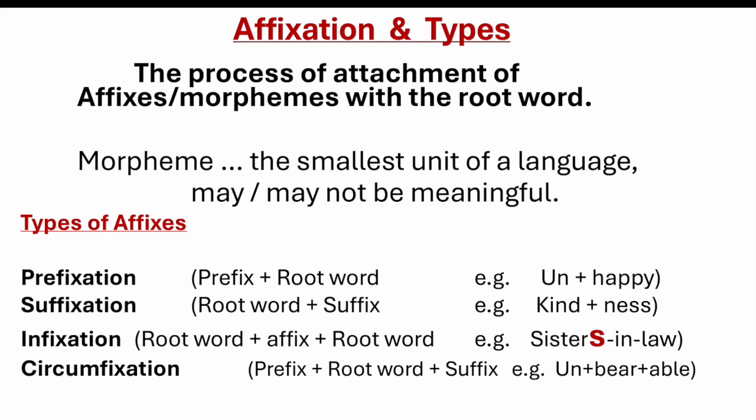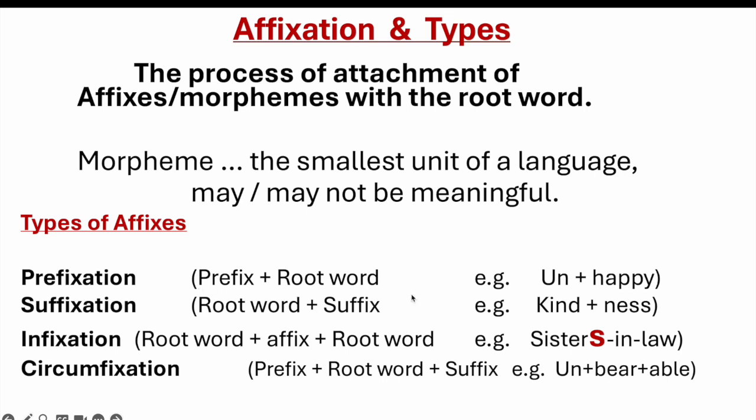Prefixation, here its name also denotes very clearly. Prefix plus root word, which we also call stem word. We have example unhappy. So here un is a prefix, whereas happy is a root word.